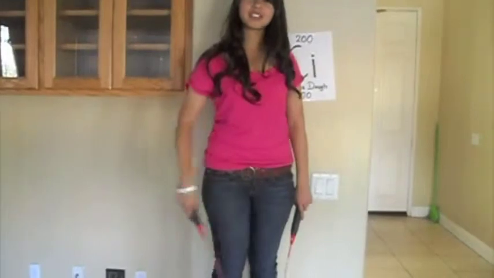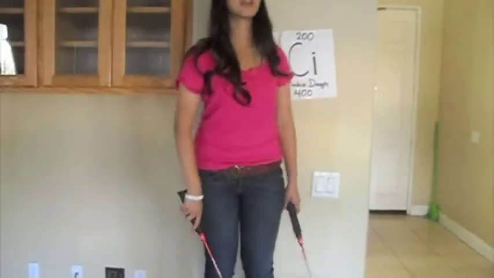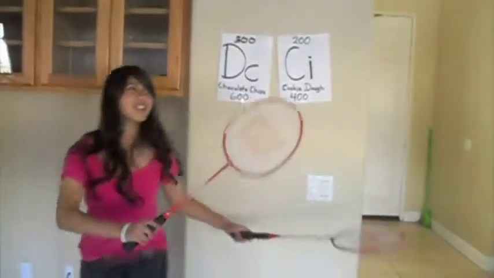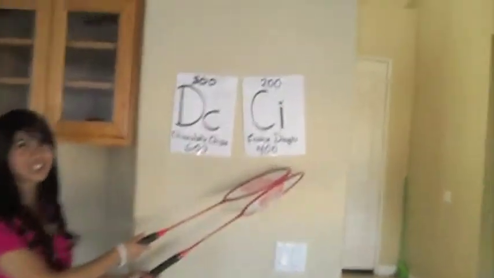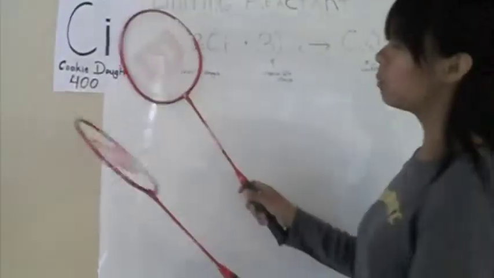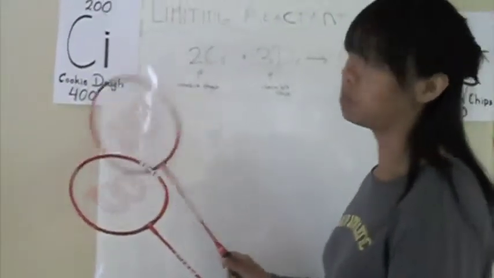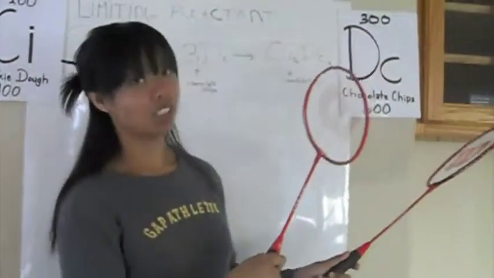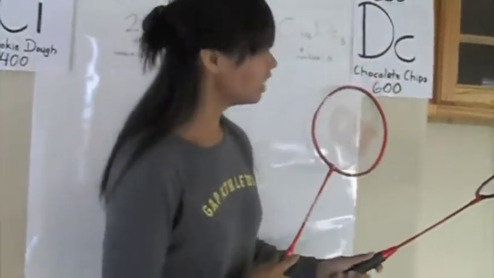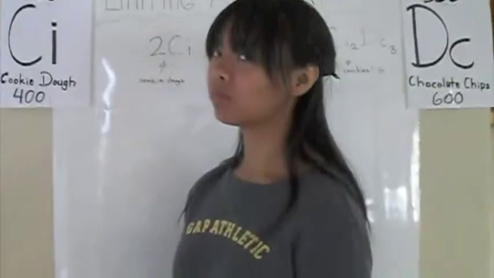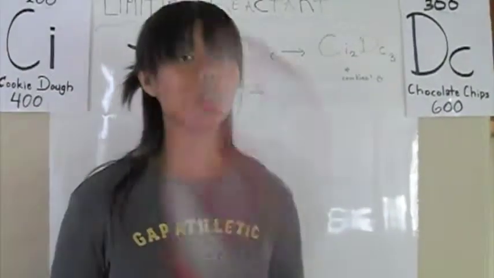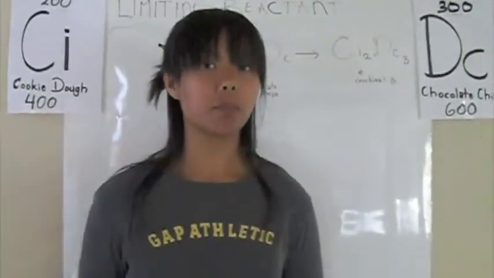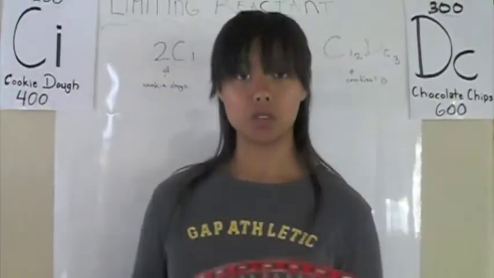First, we need to find the molar mass of each substance by looking it up in our handy-dandy periodic table. Cookie dough has a molar mass of 400 grams, while chocolate chips has a mass of 600 grams. Now that we know the molar mass, we divide the mass we are given by that number to get the number of moles.